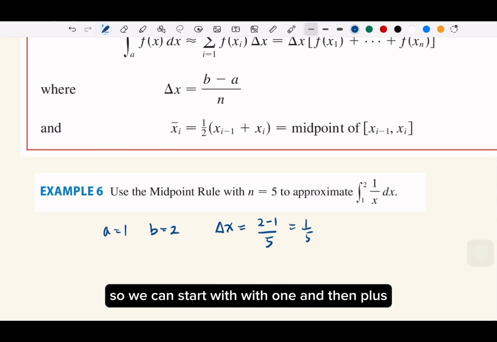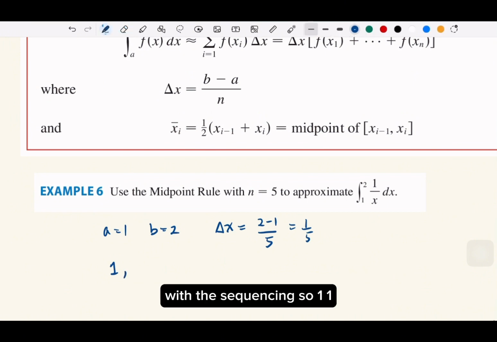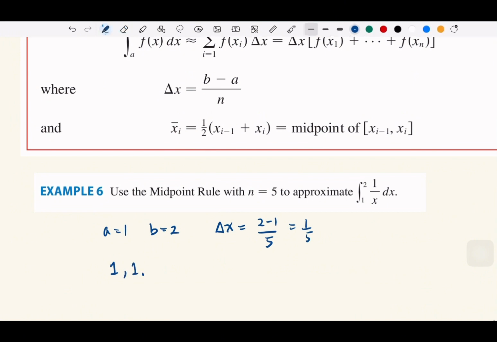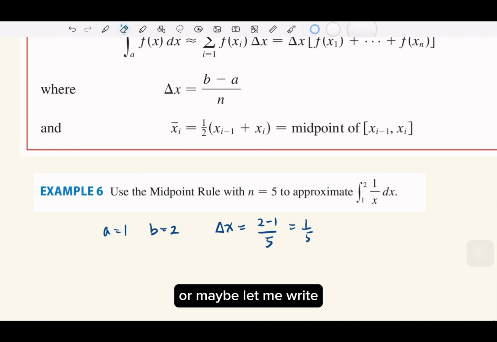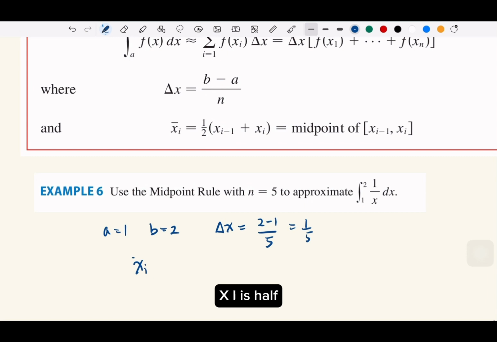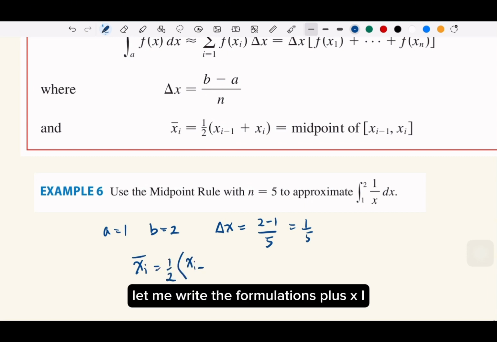So we can start with 1 and then plus, or maybe let me write with the sequencing. Let me write this xi is half of the formulation, plus xi.